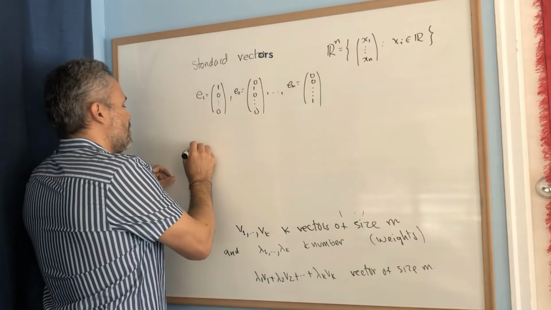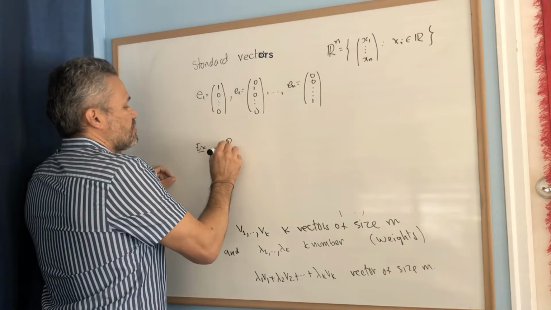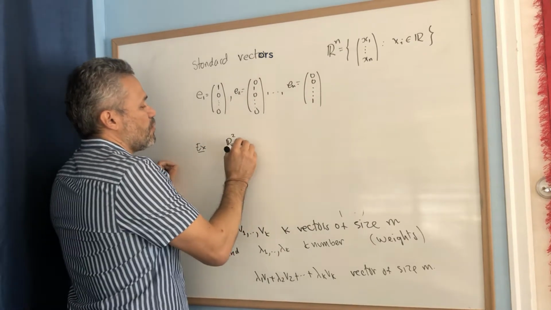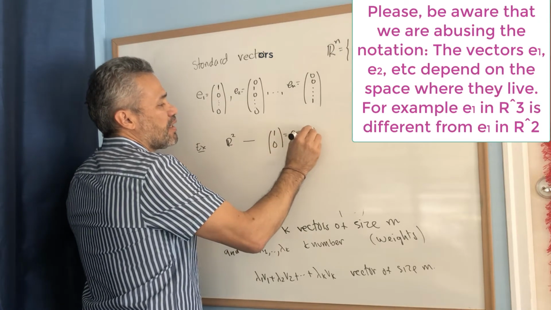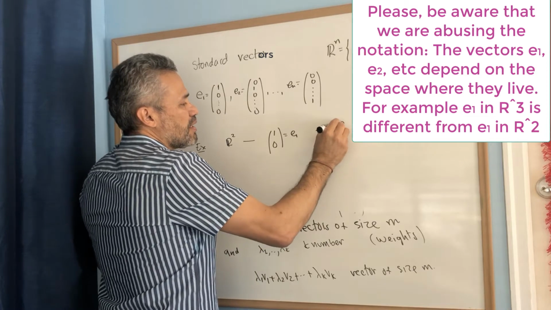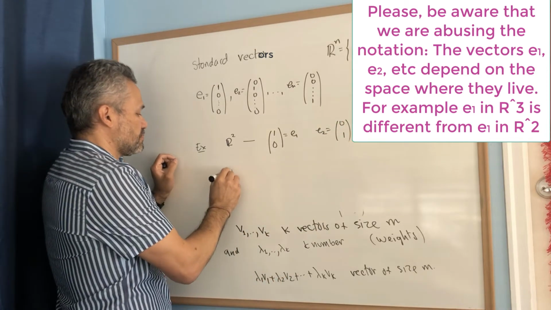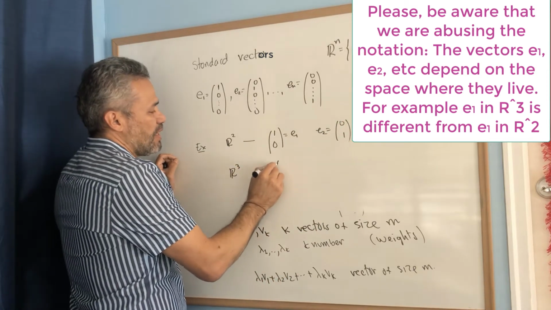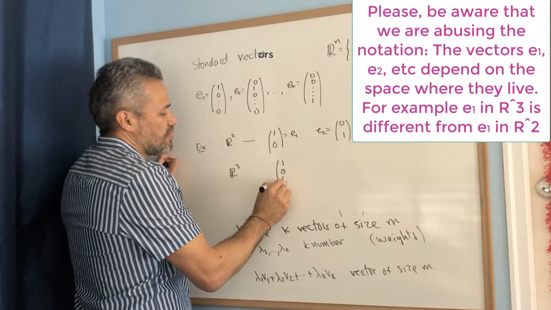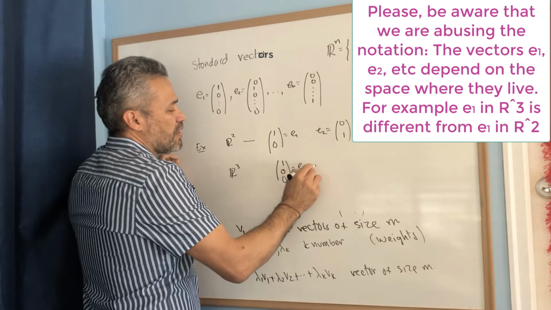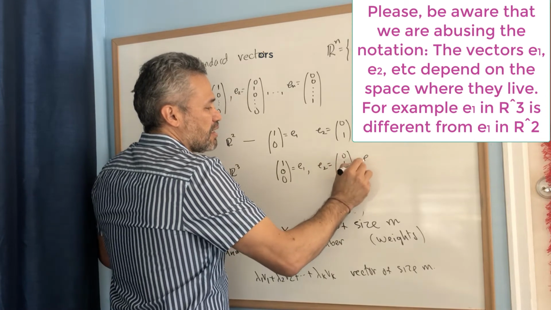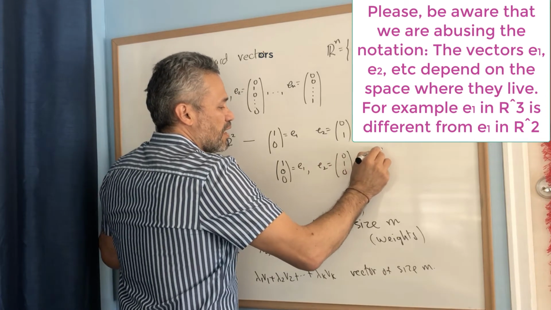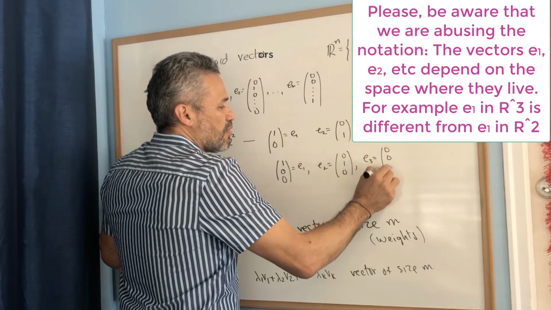As an example, the standard vectors in R2 would be (1, 0), which is e1, and e2 would be (0, 1). In R3 the standard vectors would be (1, 0, 0) for e1, for e2 we have (0, 1, 0), and for e3 we have (0, 0, 1).